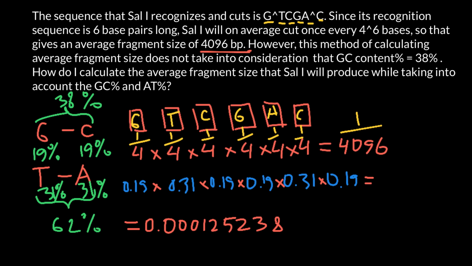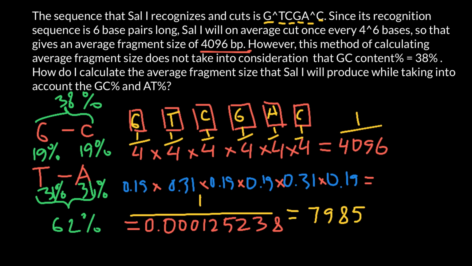In order to find the length of the fragment, we basically just have to find the reciprocal of this number. So we divide 1 by this number, and our answer would be 7,985. This is a rounded number.